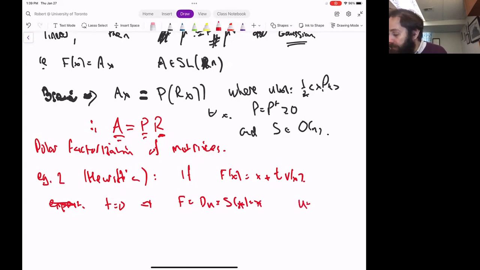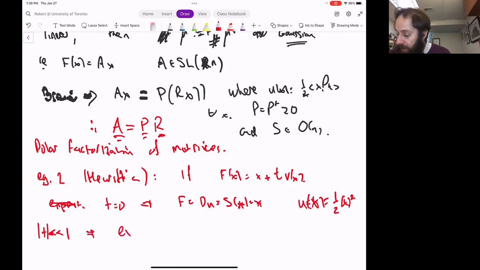and u is the convex function 1/2 x squared. So the gradient of that is the identity map. And if t is non-zero, but small, then you might expect that u of x is going to be close to what it was in the case of the identity.